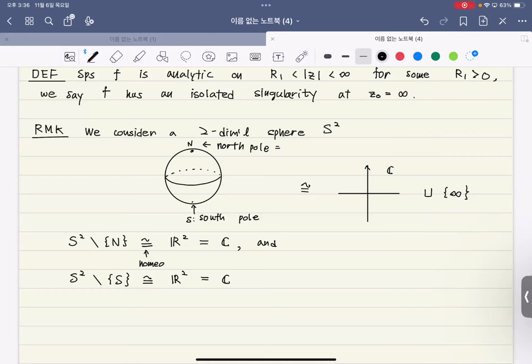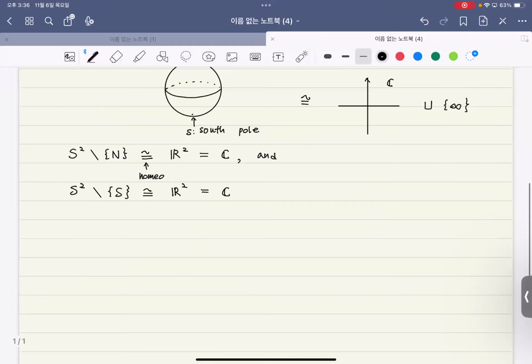So I have these two spaces, and these two spaces can each be considered to be the same as the complex plane. And each of these complex planes can be endowed with a very interesting coordinate.